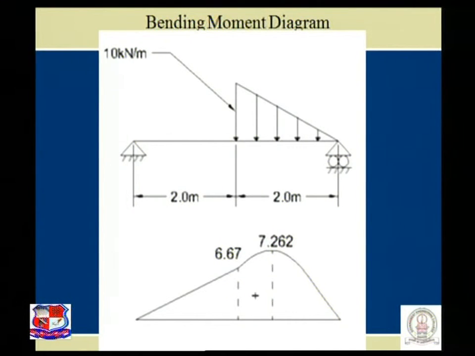Now, between C and B, the given load is UVL. We know the variation is given by a parabola, but the nature of the cubic parabola is very important, because the maximum value of bending moment takes place within this 2 meter region. So let us plot this portion right now over here.